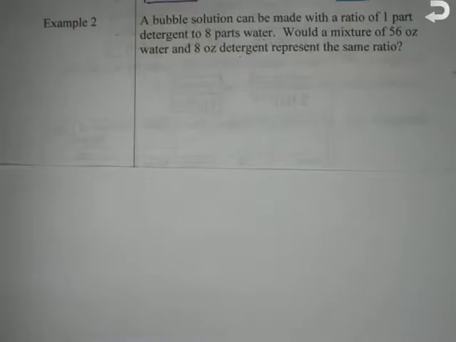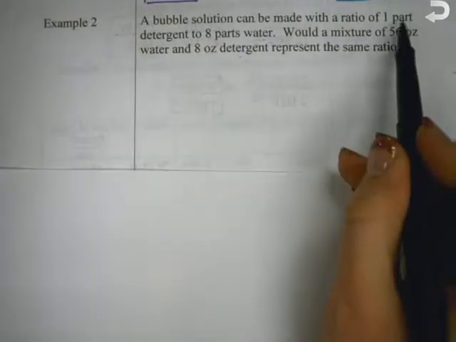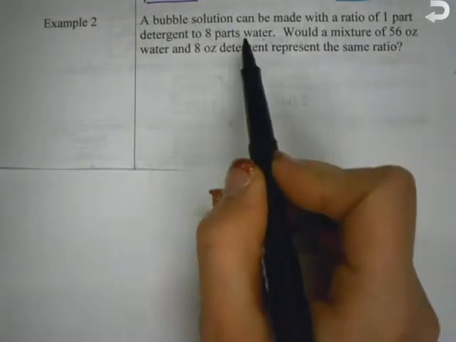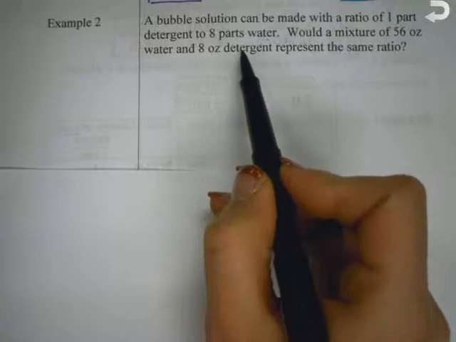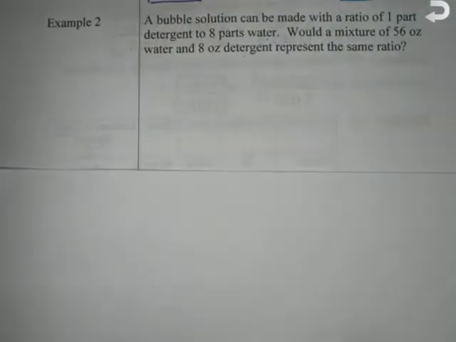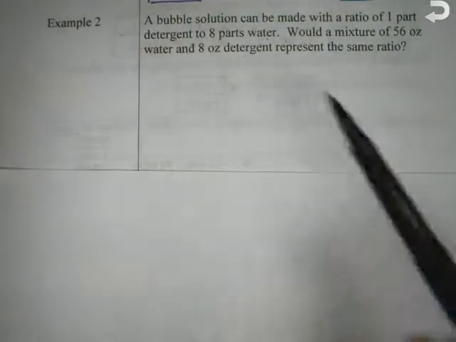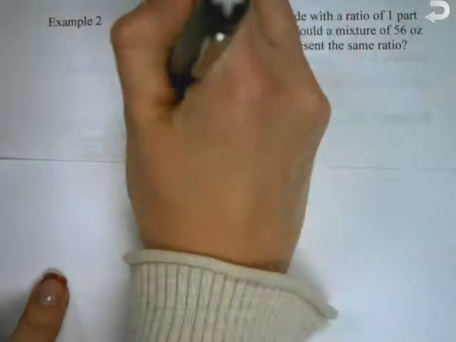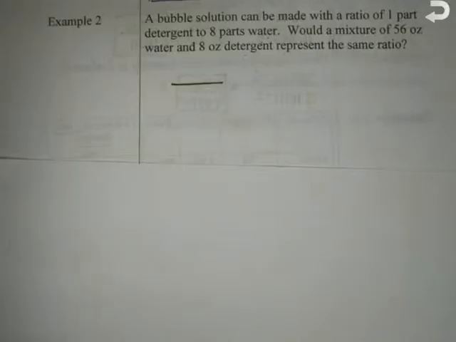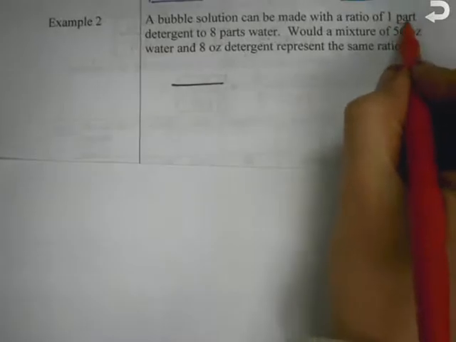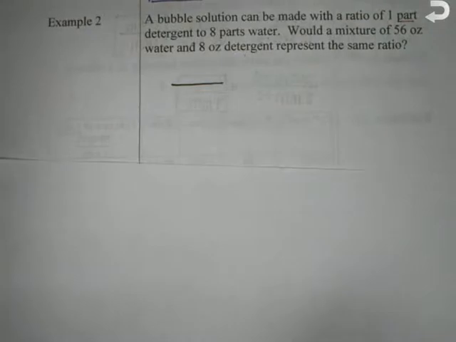Alright, so the whole problem starts with them telling us how we can set up our proportions. Okay, so it says that a bubble solution can be made with a ratio of 1 part detergent to 8 parts water. So how do I want to set up that ratio? What's going to go on top, the detergent or the water? Detergent. So let's put detergent on top. Because our units are what is called parts, we can do ounces, pounds, or liters, it doesn't matter.